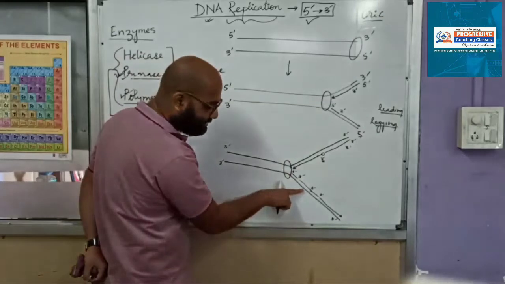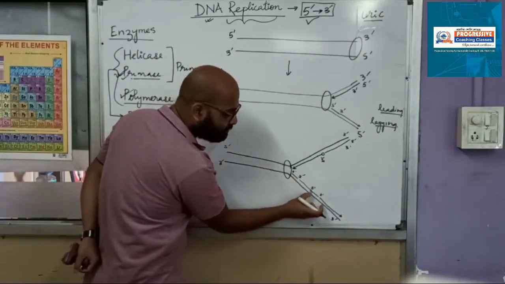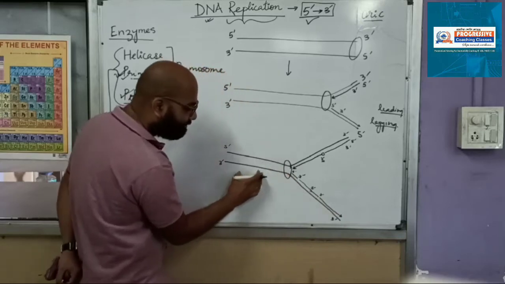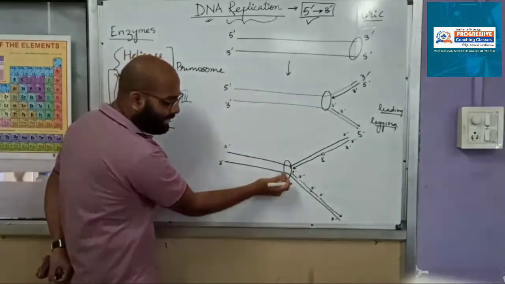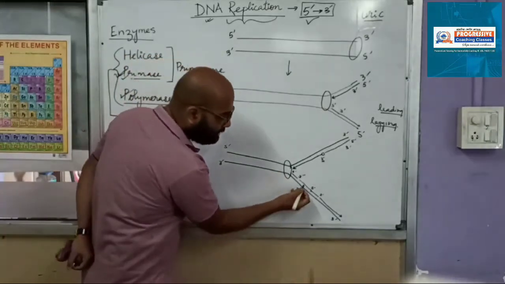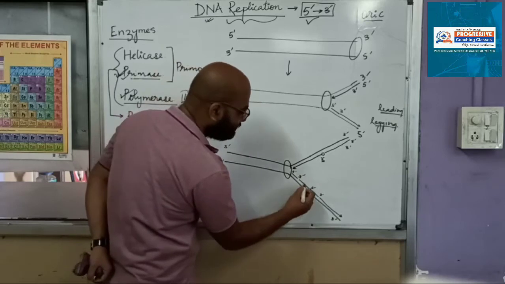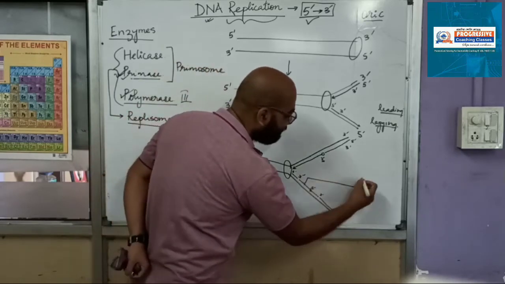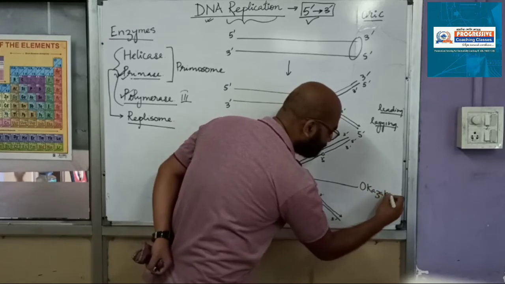But when in this strand new primer has to be synthesized, some small fragments will be added every time the helicase is opening the parent DNA strand in this direction. So these small fragments, we call them, a very important term for any exam, Okazaki fragments.